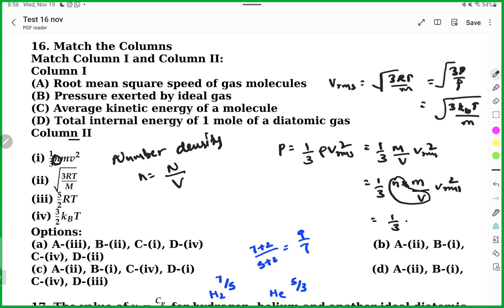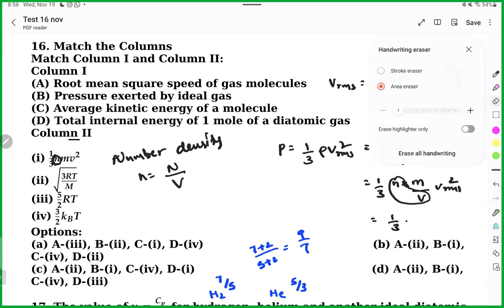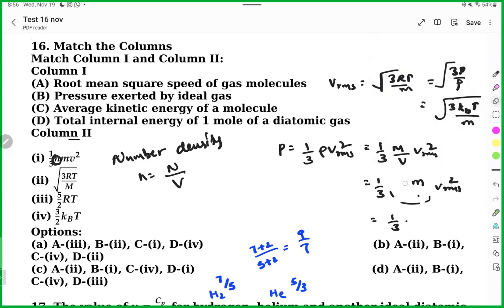You write it capital N, it will be easy to understand. So capital M is total mass: number of molecules and mass of each molecule divided by volume. I am deriving to show that it can be asked in different forms. Don't worry about it.